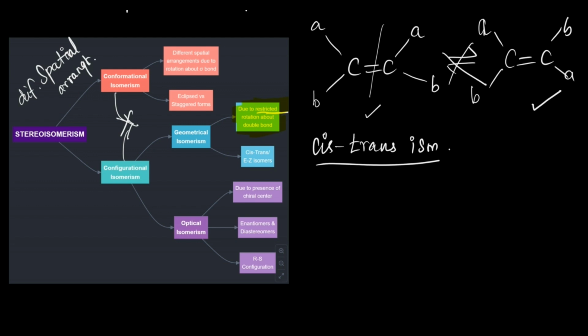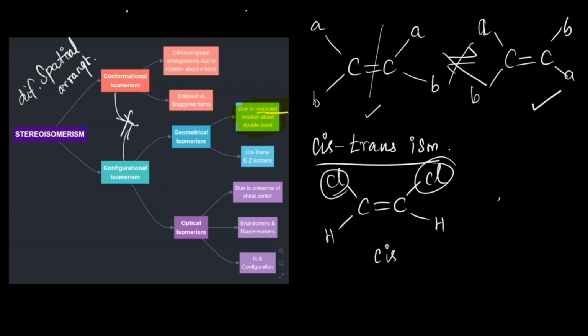Say for example, if I am taking a molecule of this, two groups are on the same side, then that is cis. If that is on the opposite side, then that will be considered as trans.